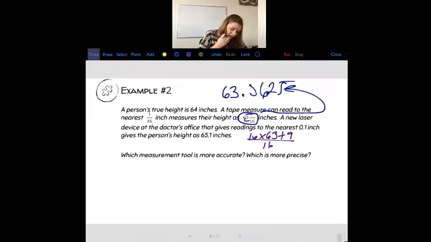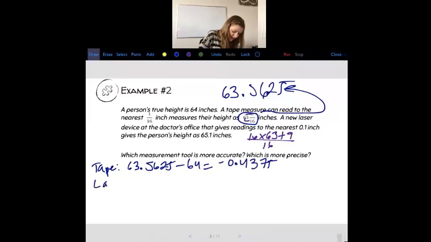So let's take a look at the tape measure. The value 63.5625 minus the true value, 64, is negative 0.4375.